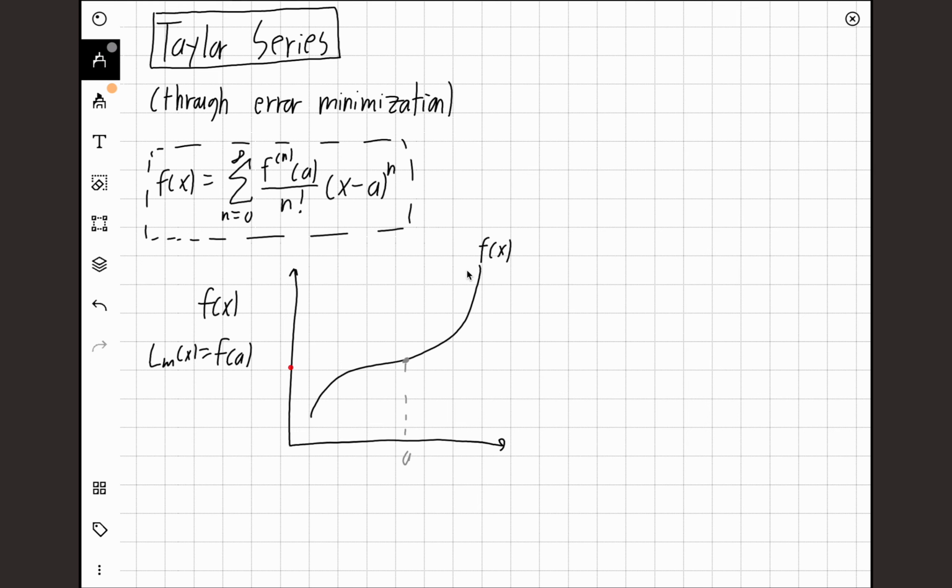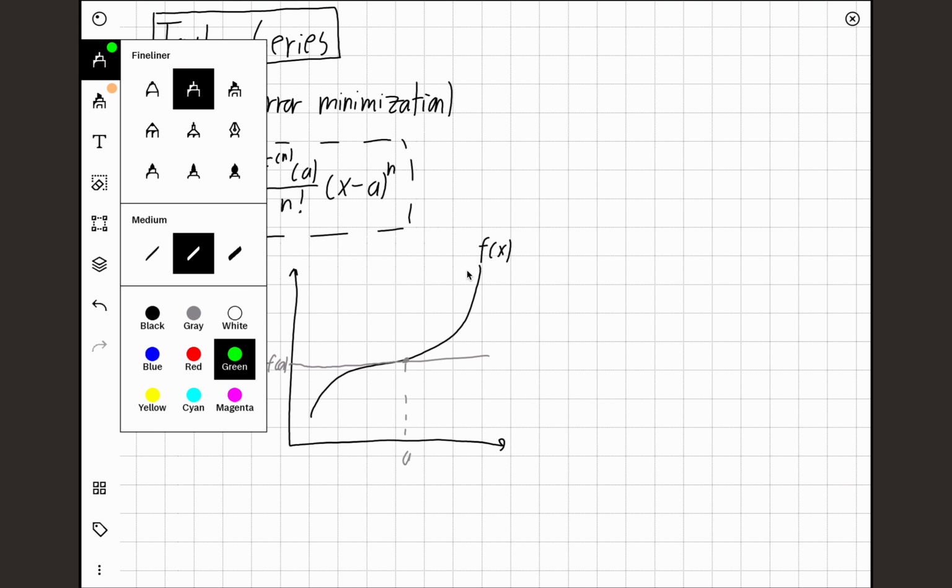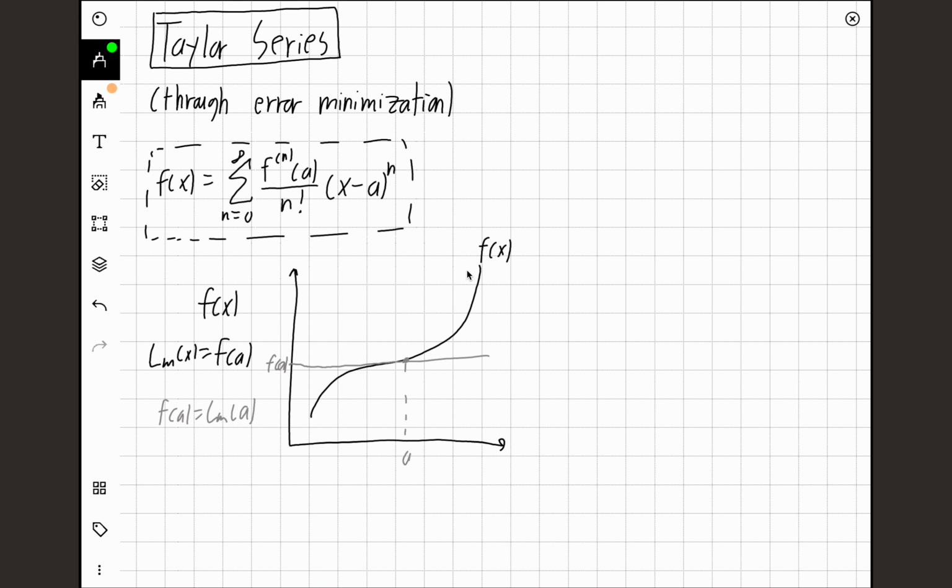Well, f of a will just be a straight line, which is going to equal exactly f of x at the point a. Obviously these two functions are equal, f of a equals Lm of a, but only at the point a, and everywhere else we have an error. And how do we calculate this error? Well, we can take our remainder function Rm of x, and that would just equal f of x minus our approximation Lm of x.